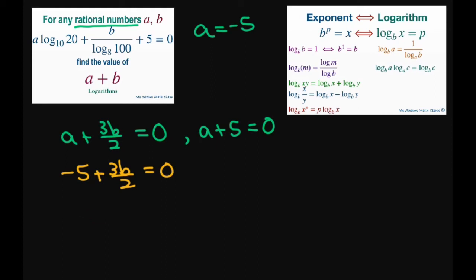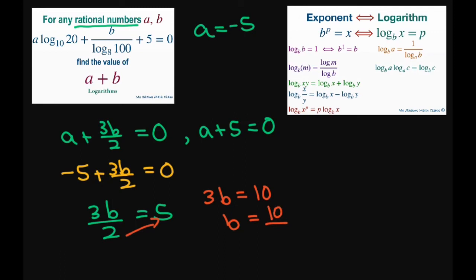Instead of that, let's just add 5 to both sides. So we have 3b divided by 2 equals 5. I was overcomplicating it. You cross multiply, you get 3b equals 10. So b equals 10 divided by 3.